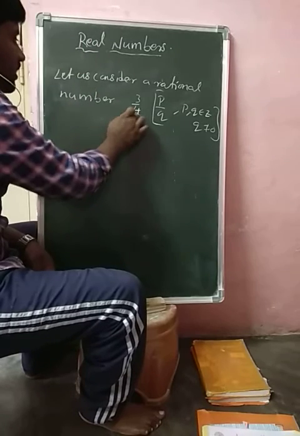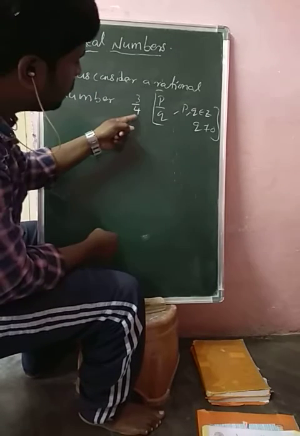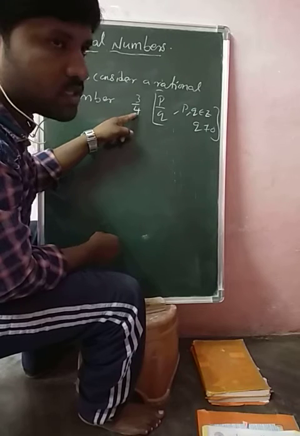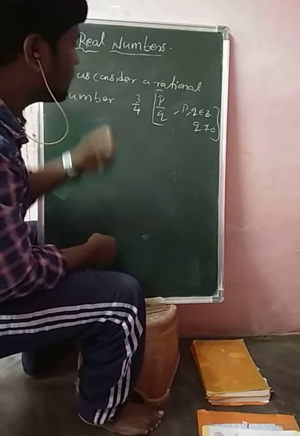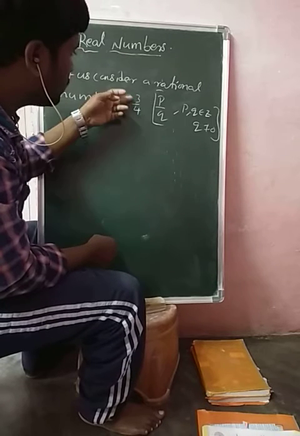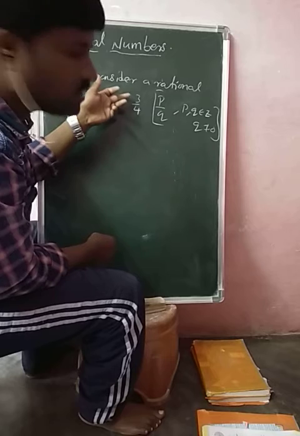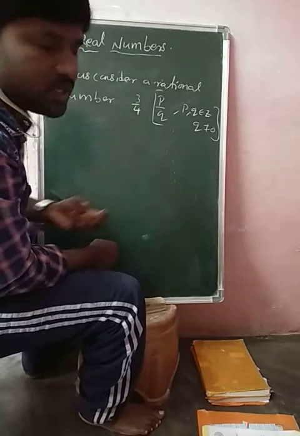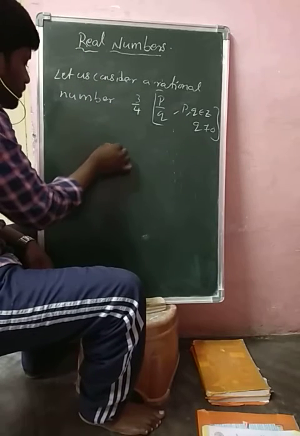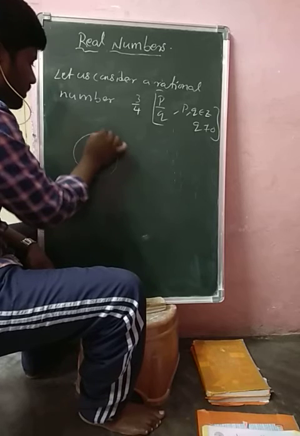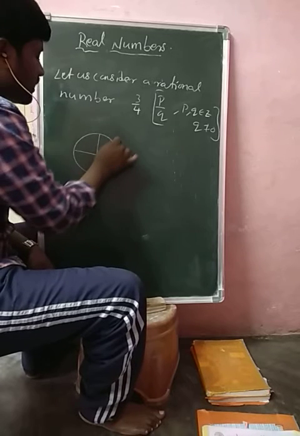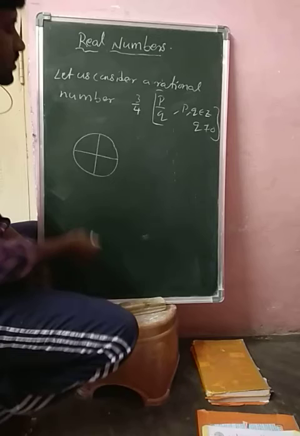You just observe, 3 by 4 means 3 out of 4. So the denominator tells us the total number of equal parts, and the numerator tells us out of the total number of equal parts, how many parts we have taken. You just observe here. Draw a circle and divide it into 4 sectors.